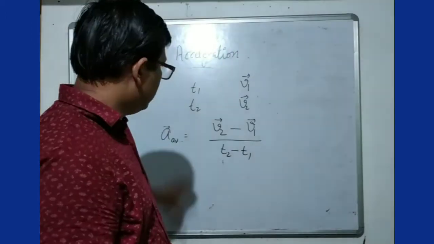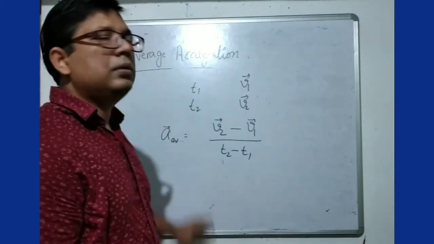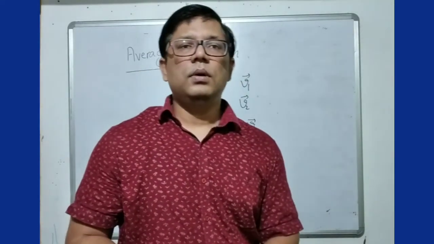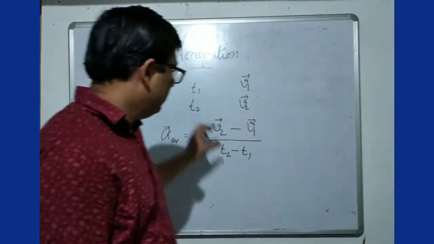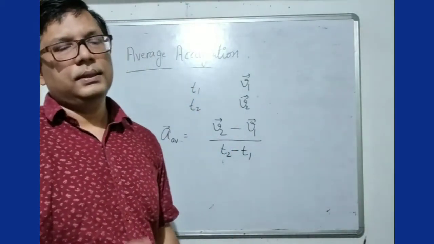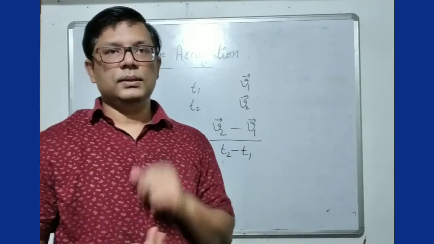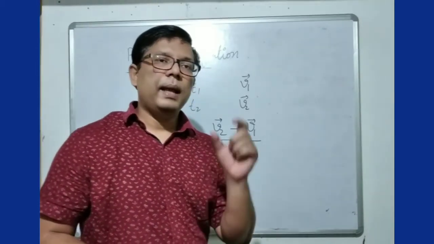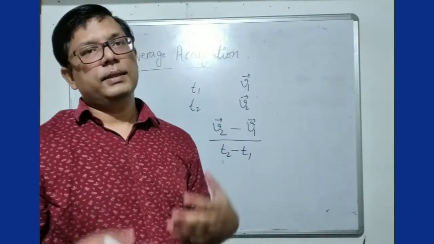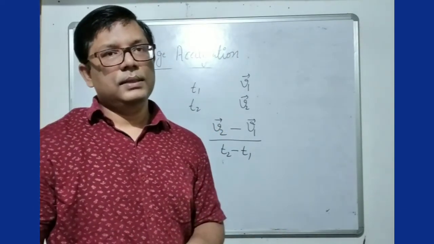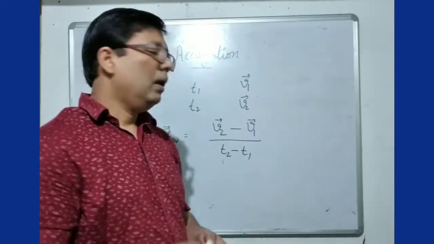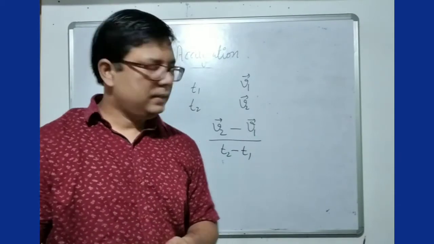So average acceleration is also a vector quantity. Velocity is a vector quantity. So for a vector quantity, change means two things. If the magnitude of a vector changes, then we say the vector has changed. And if the direction changes, then also we say there is some change.